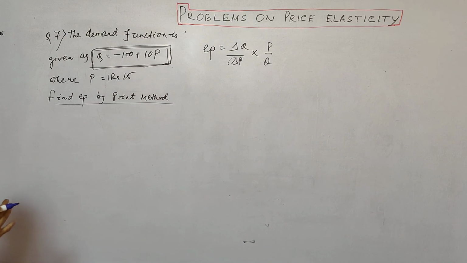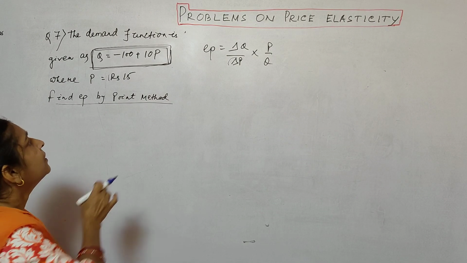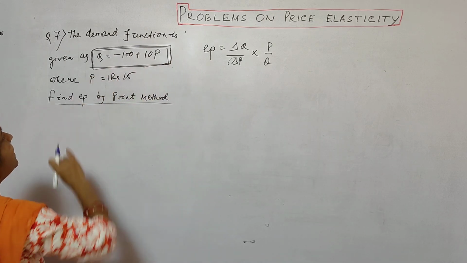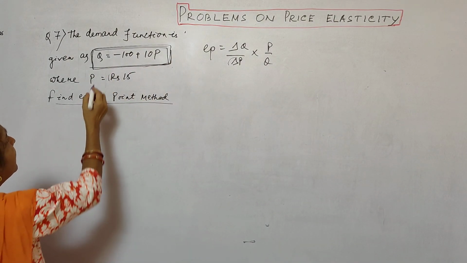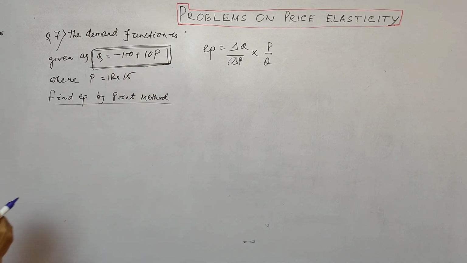With a downward sloping linear demand curve, the slope is negative. So in the form of a straight line equation, they have given this equation where the slope is negative due to the downward sloping linear demand curve.